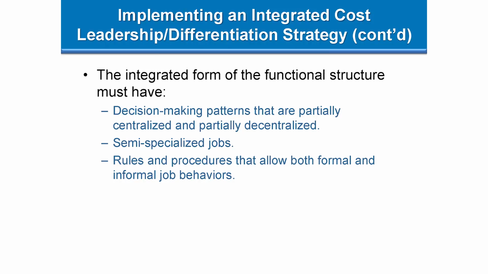Zara can be a good example of this structure. Consequently, the integrated form of the functional structure needs a combination of centralized and partially decentralized decision-making. Jobs are semi-specialized, and rules and procedures are also a combination of formal and informal, based on the level of concentration on either cost reduction or value creation.